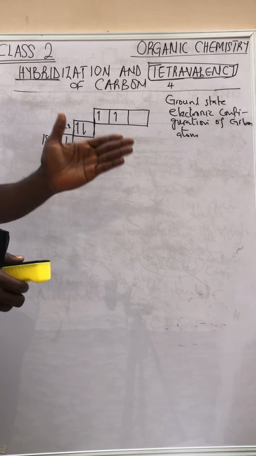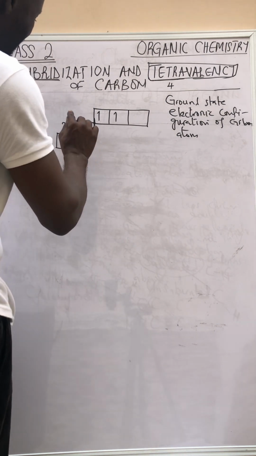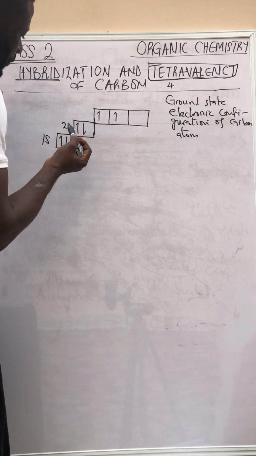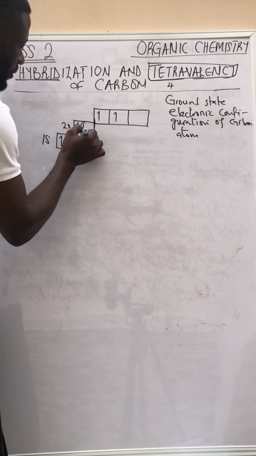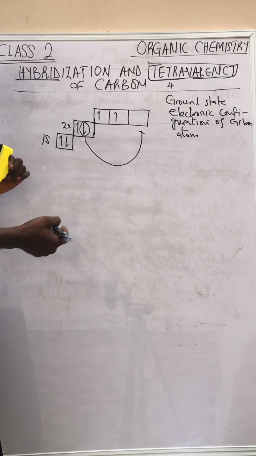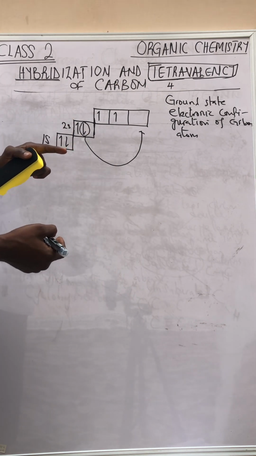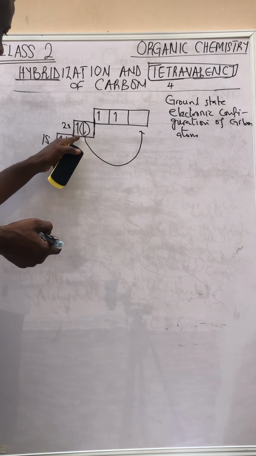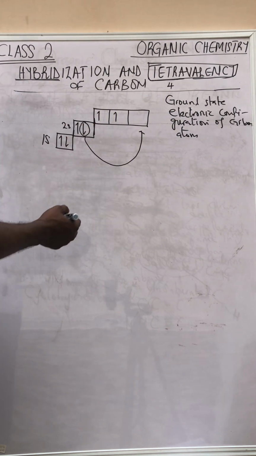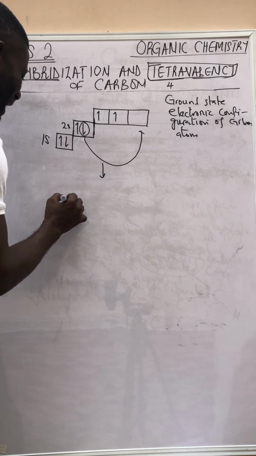To make this possible, an electron from the 2s2 will have to move to this place. When that happens, one electron remains here, and we now have three electrons here.